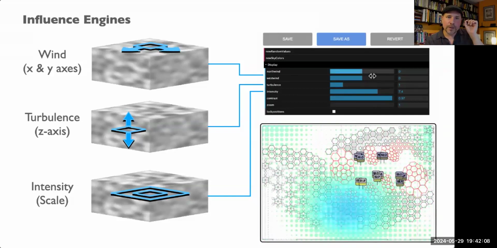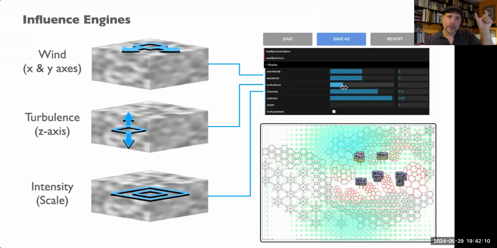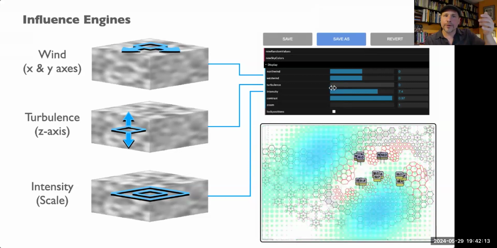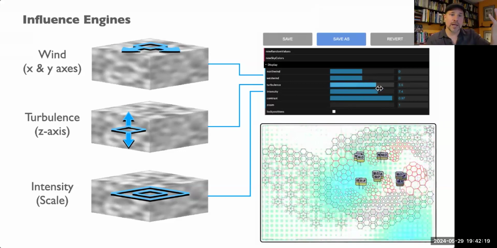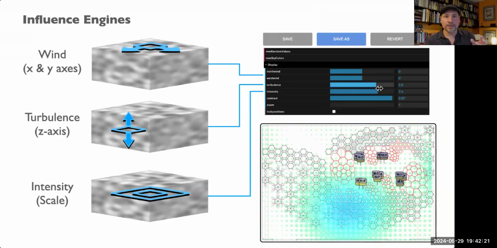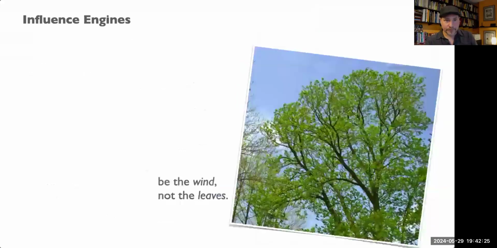The important part here is that with one algorithm and maybe 3 or 4 parameters that can vary, you can get extraordinarily complex and layered and coordinated behavior out of a multitude of objects without actually ever sending any of them a single command. Another way to think about it is if you have an architectural scale installation of physical objects that can all do things, and you've got thousands of them, you should try to be the wind, not the leaves.